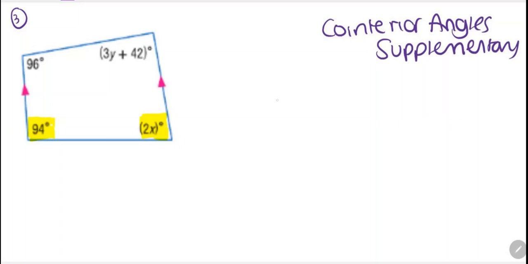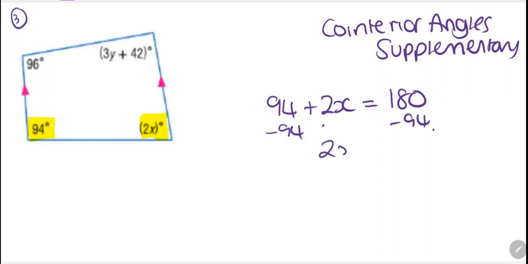So we know that 94 plus 2x must add up to 180. So if I minus 94 from both sides, 2x is equal to 86. If I divide both sides by 2, x is equal to 43.